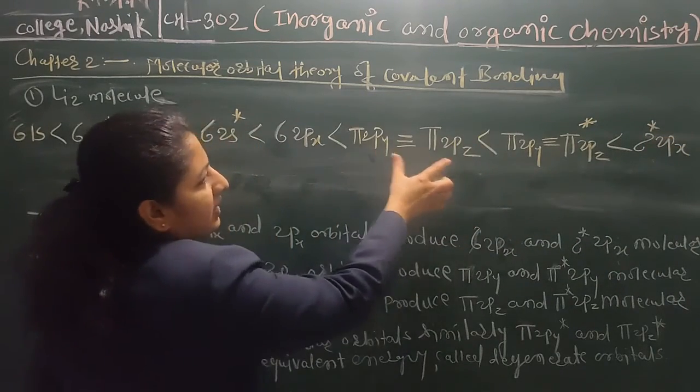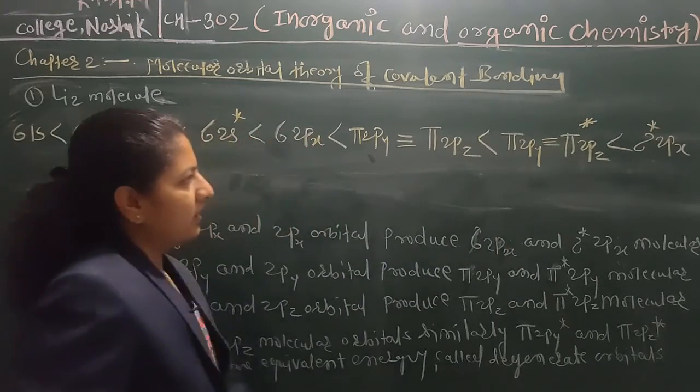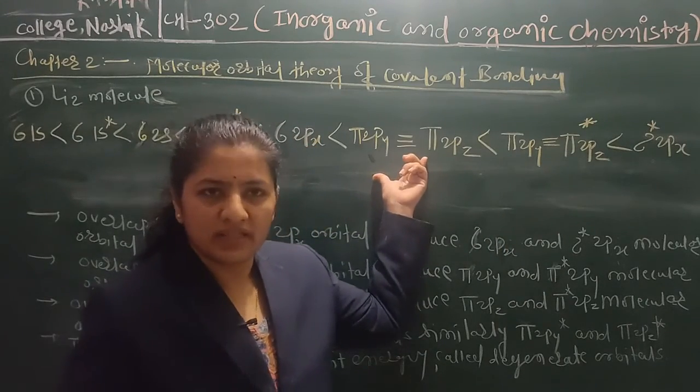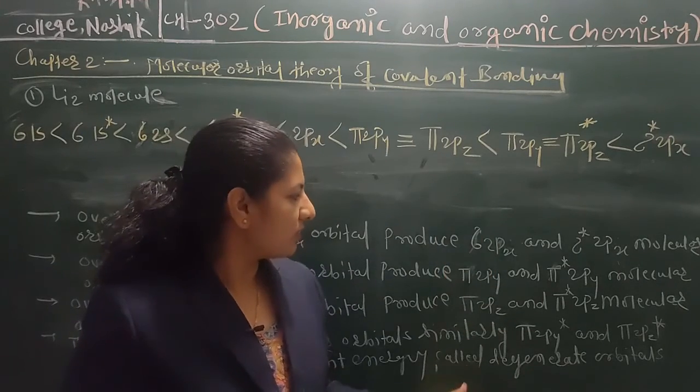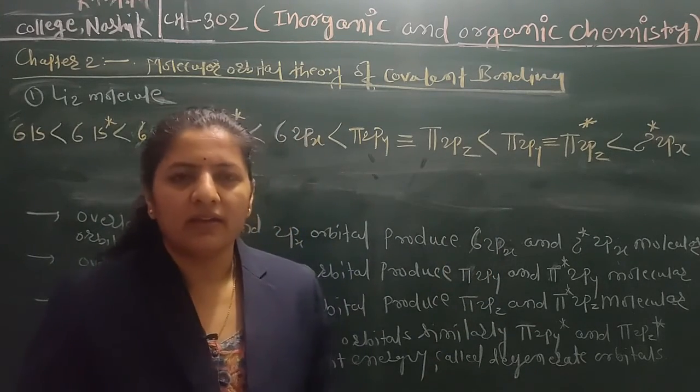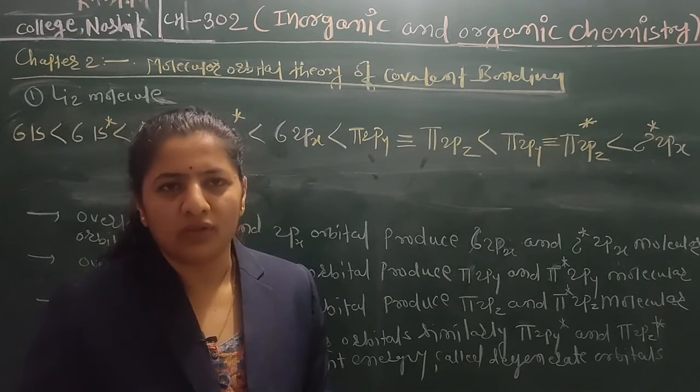These have equivalent energy sets of orbitals, so this is called a degenerate set of orbitals, as we already mentioned. On the basis of this energy criteria, we will discuss the lithium molecule.